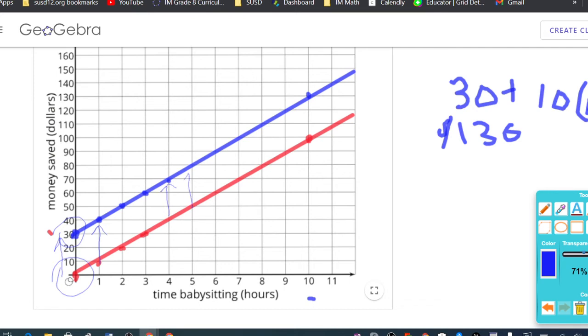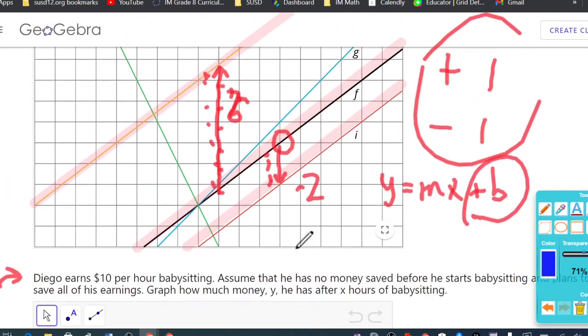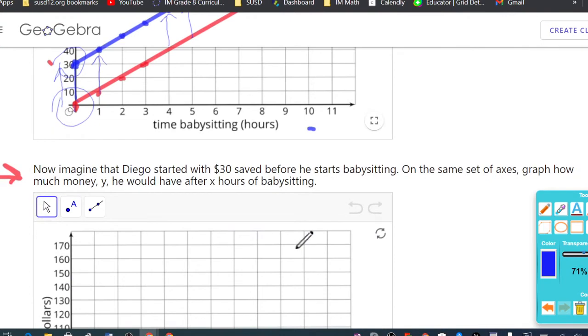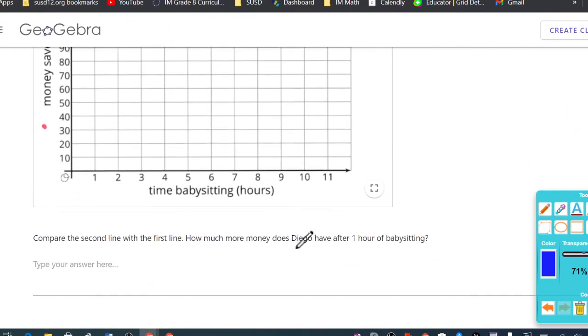How many units up is that? It is from 0 to 30. That's how many units this line translates up. 30 units up. Does that now give you an idea why we showed this? How many units up do these lines translate, up or down? Okay, let me read on about that.